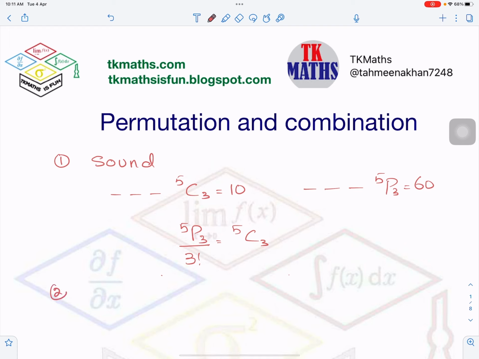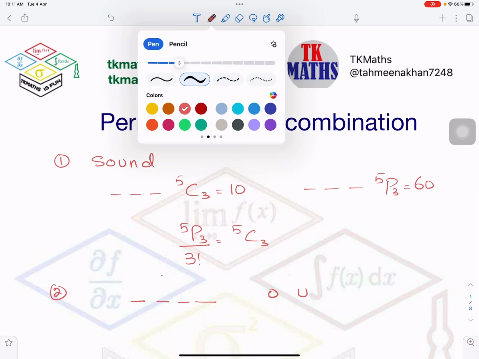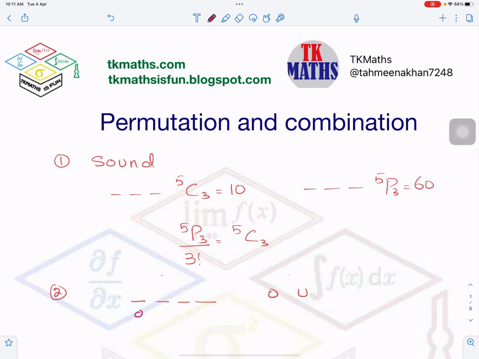Let's take second case in which I have to arrange 4 letters, and the first letter has to be a vowel. Now in the word SOUND, there are 2 vowels, O and U. So in the first place, I can only have either O or U, which means it is 2P1.